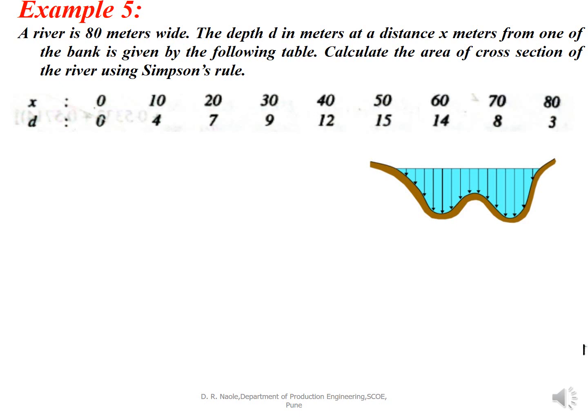x is 0, the depth of the river bed is 0. At x equal to 10 from one of the banks, the depth is 4 meters. Likewise, it goes till 80 meters. So we need to find out the cross-sectional area of the river using Simpson's rule. Now, what is the number of intervals here?